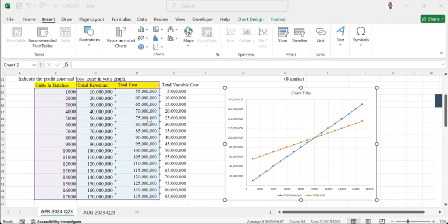Chini yake kuna line graph ama line chart. Are you seeing that? Okay. So the reason I've decided to use this is because it is able to show you mali zina meet ni wapi, so that if somebody asks you about the break-even point in units, you are able to find it. And if somebody asks you the break-even in shillings, you are able to find that.